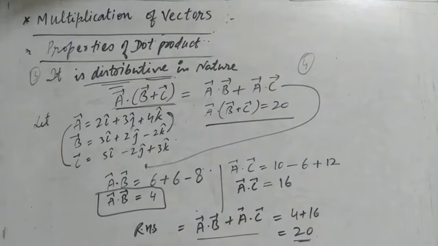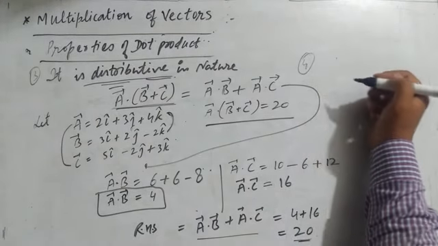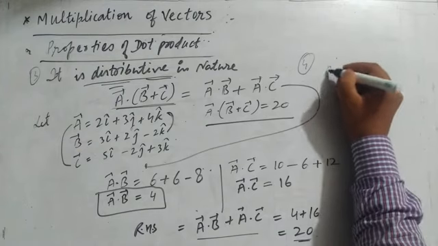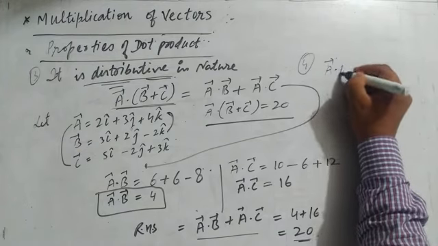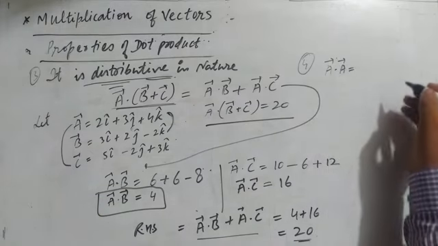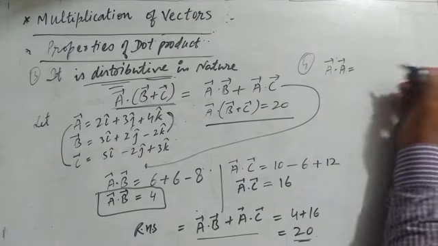Another property of the dot product is, if we find out the dot product of a vector with itself, that is, if we find out A vector dot A vector, then it will be equivalent to the square of its magnitude.